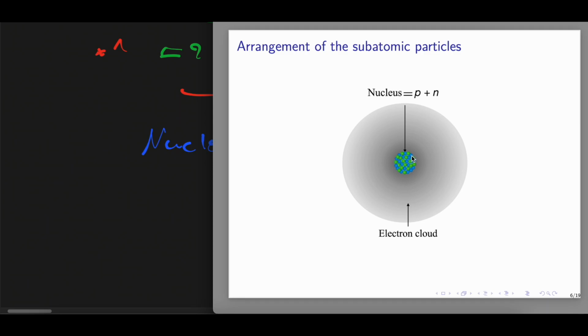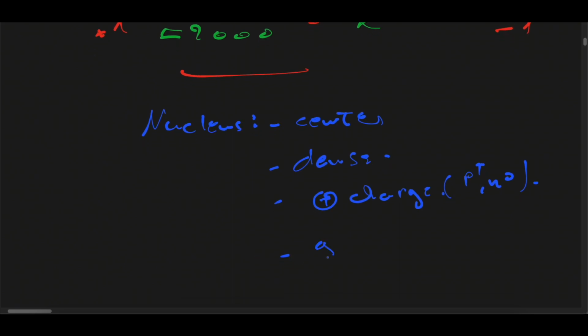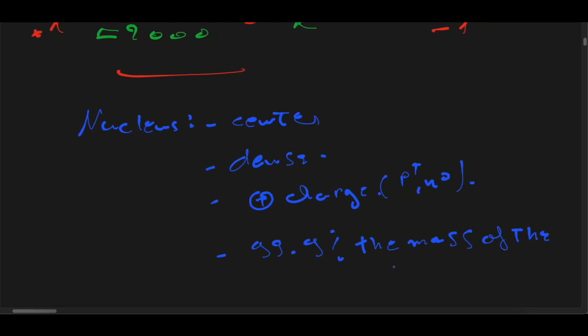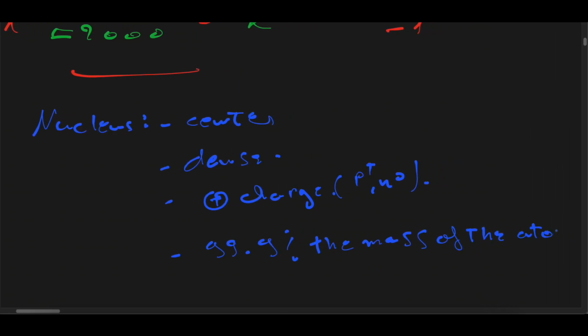So the nucleus represents most of the mass of the atom, about 99.9% of the mass of the atom. All the mass of the atom is concentrated within this very tiny volume of the atom.